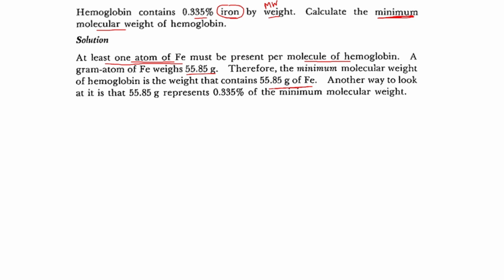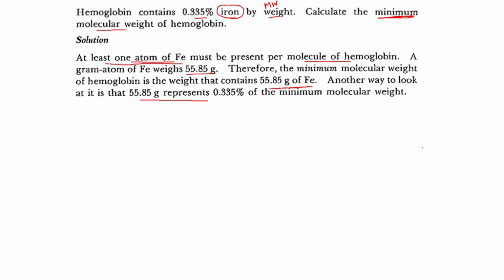If we put it in other ways, we can say 55.85 gram represents 0.335% of the minimum molecular weight. Because out of the total molecular weight, if we consider that there is only one iron atom, then 55.85 gram is the 0.335% of the total weight.